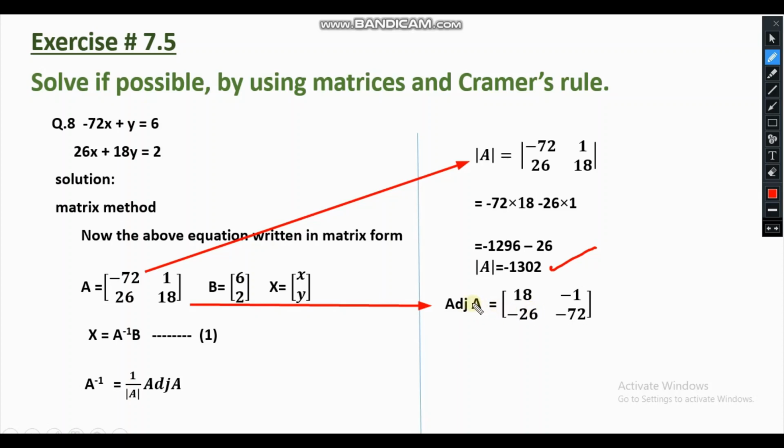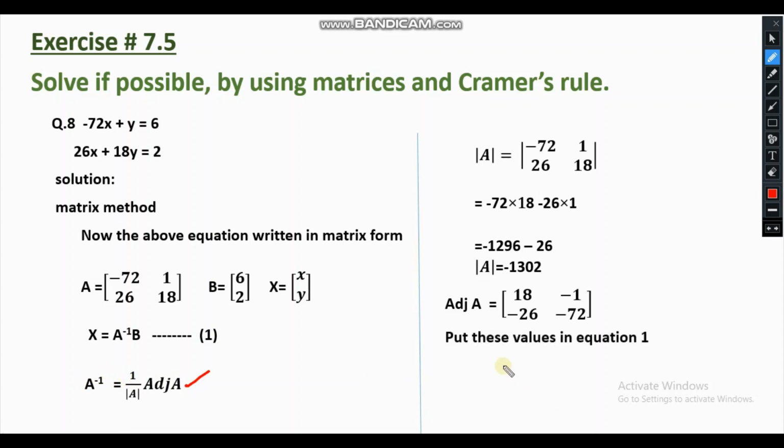Now the adjoint of A and the mod of A are already found. Now we will put these values in this equation, so we will find the inverse of A. Put these values in equation 1.